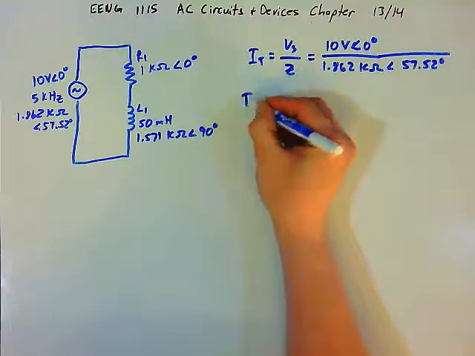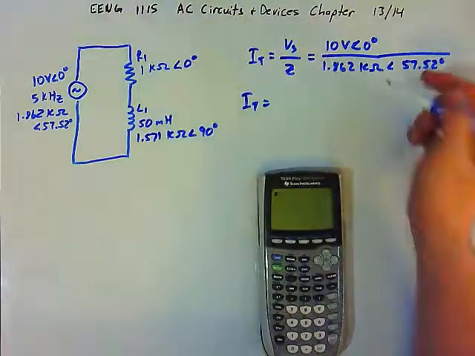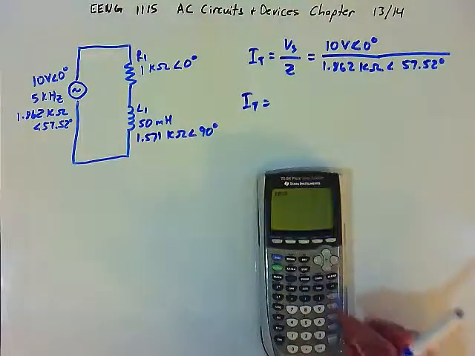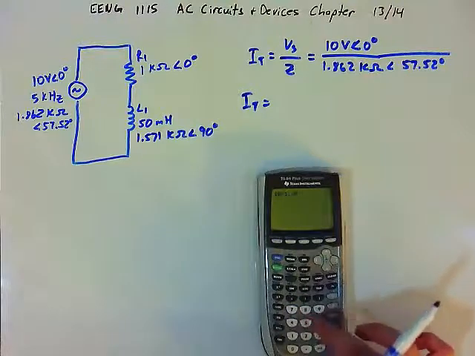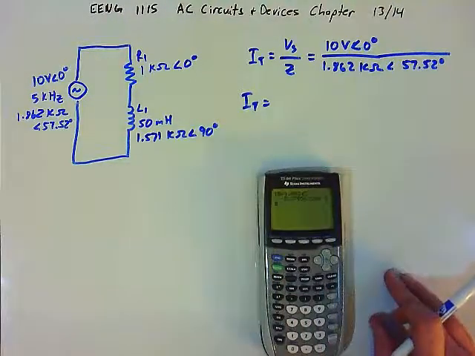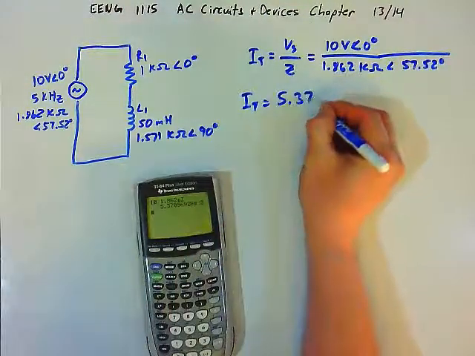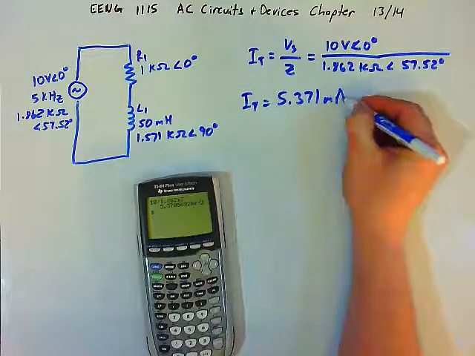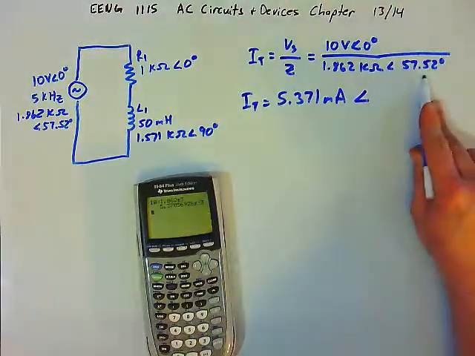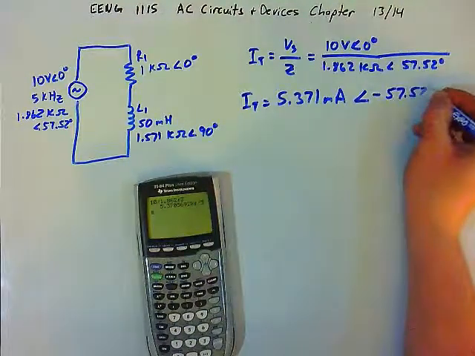Our total current will be, again, we're dividing vectors, so we're going to divide the magnitudes only. 10 divided by 1.862 kilo, and we get 5.371 milliamps. And the angles, we subtract them, so 0 minus 57.52 is going to be negative 57.52.